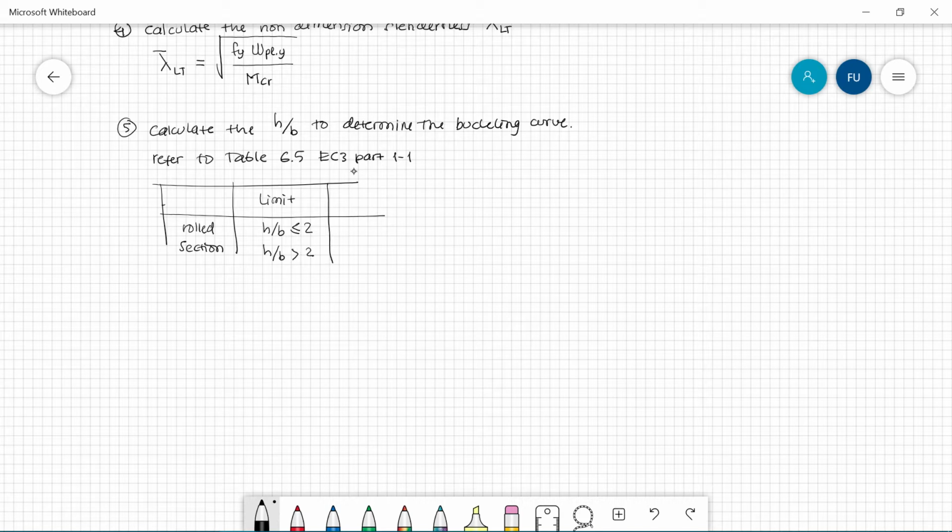And then the buckling curve for the first limit is B, and for the second limit is buckling curve C.